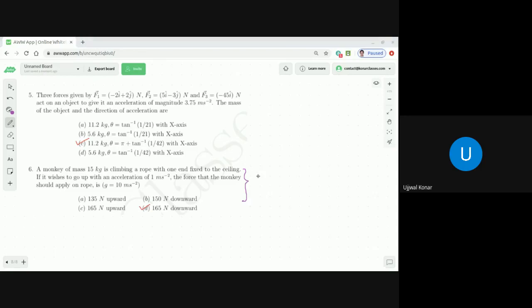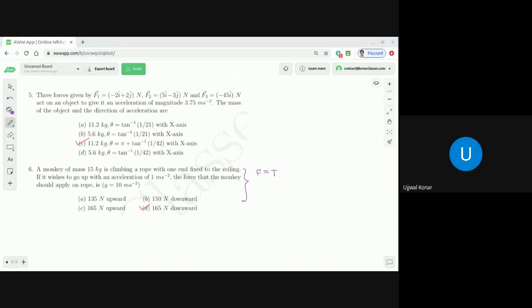Let capital F be the force applied by the monkey on the rope in the downward direction. Due to this, the reaction T acts in the upward direction, and we get F is equal to T.